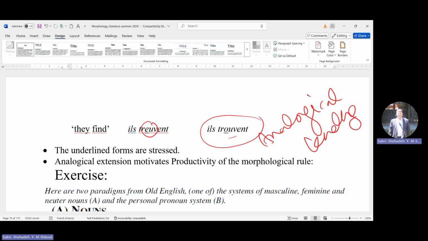If we look into both Old French and Modern French, in Old French the language used to differentiate between two forms at the stem level, whether OU or EU, depending on stress. But in present-day French, this distinction is eliminated due to the process of analogical leveling. Thank you.